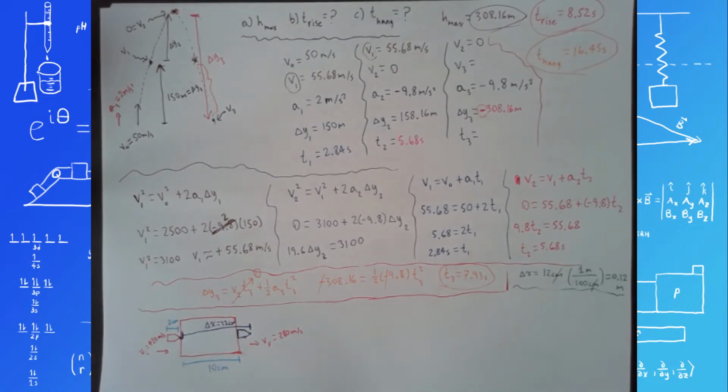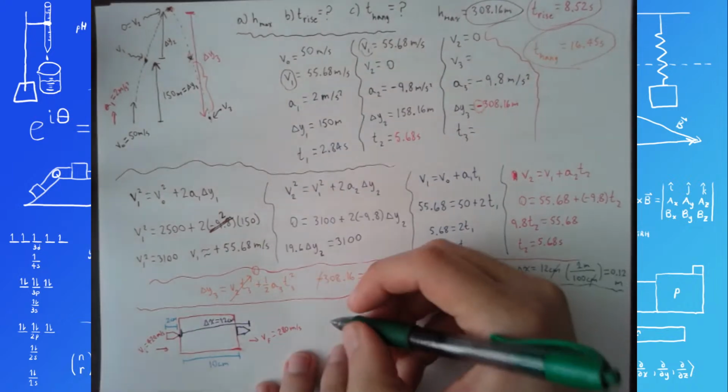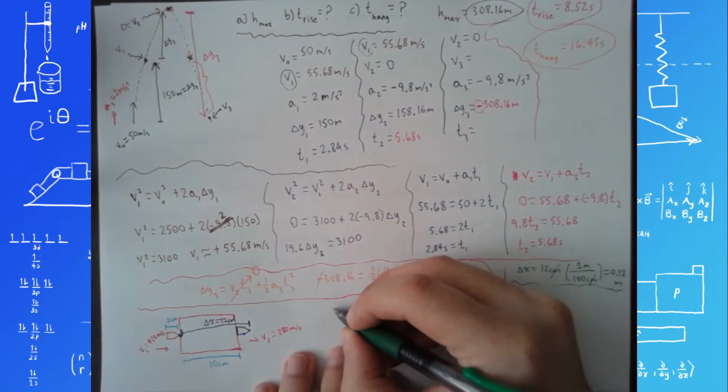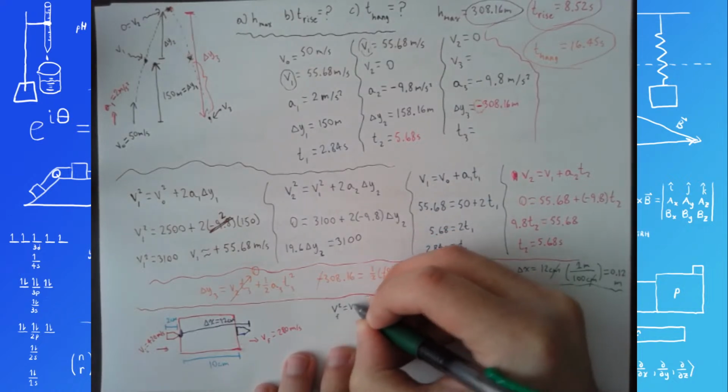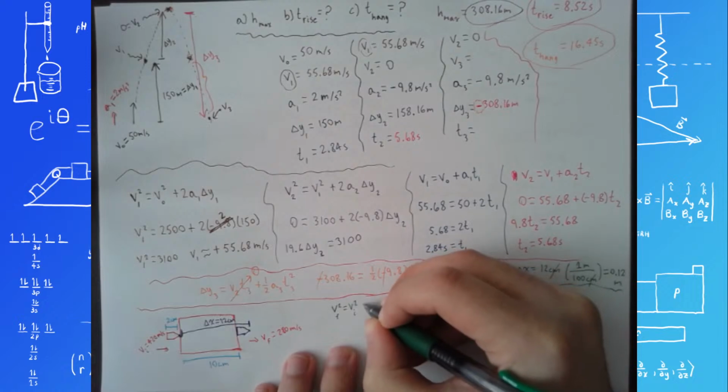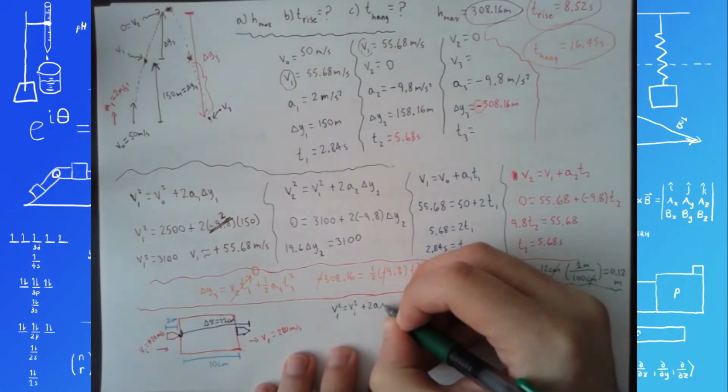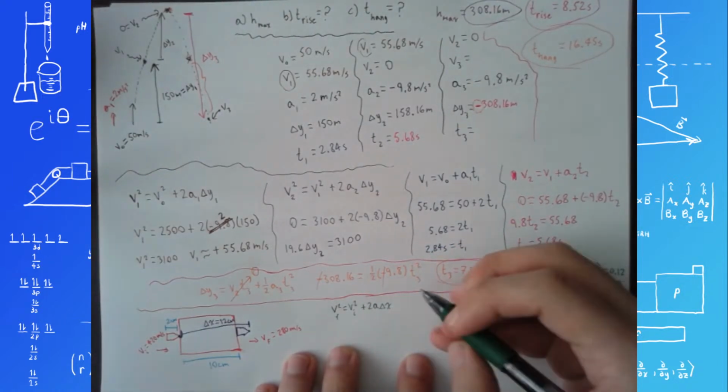We were asked only for acceleration, so we can skip calculating time, which means we can skip the first equation, and the second equation, we can jump straight to the third. So the third equation says V final squared equals V initial squared plus 2 times the acceleration times the displacement.